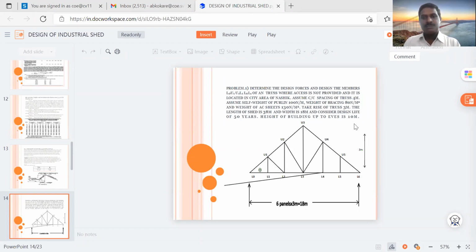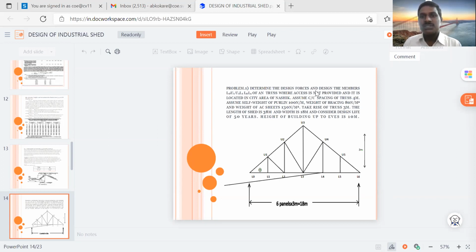So here is one problem I have taken. The problem is: determine the design forces and design the members. The joints are named L0, L1, L2, L3, L4, L5, L6, and then U1, U2, U3, U4, U5 likewise.